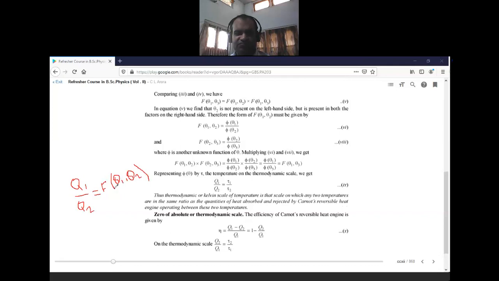Okay, this is a bracket. Writing with a mouse is really difficult, you trust me. Therefore, f theta 1 theta 2 is what? Again, we assume that it is like a division of two functions, because theta 2 is not there, but there is theta 2. So that is why we have to express this quantity equal to phi theta 1 by phi theta 2.